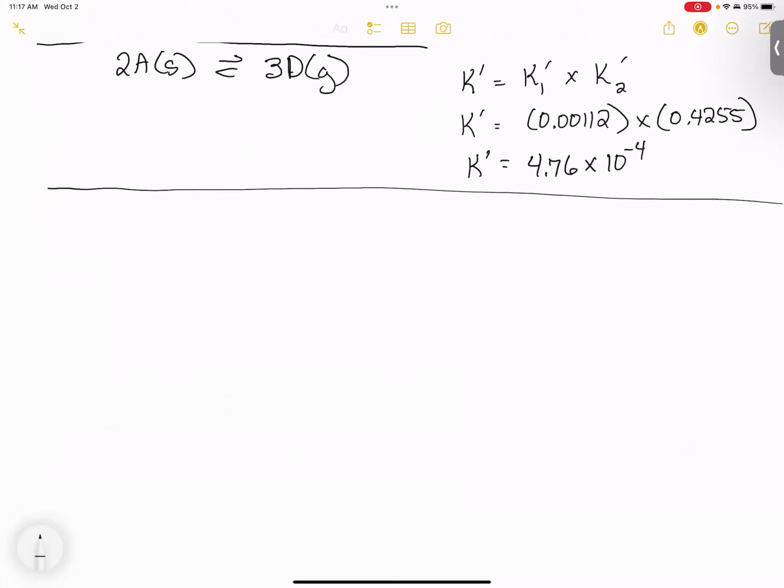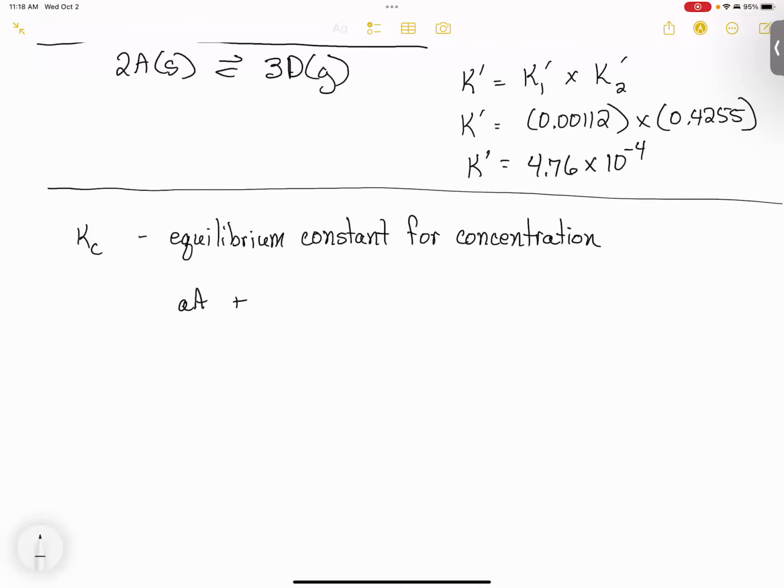Okay, so most of our conversation to this point has been about K. Specifically, we've talked about Kc, which is the equilibrium constant for concentration. And when we developed our expression, let's say we have aA plus bB going to form cC plus dD.